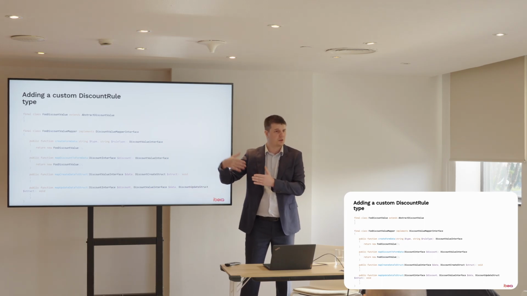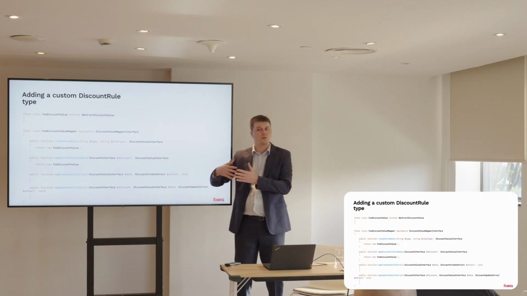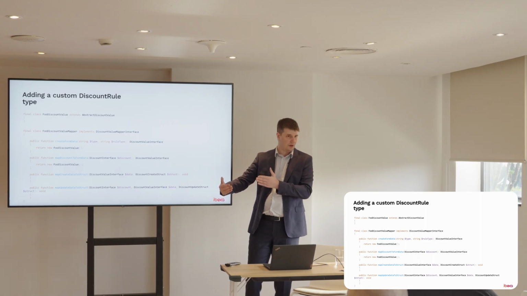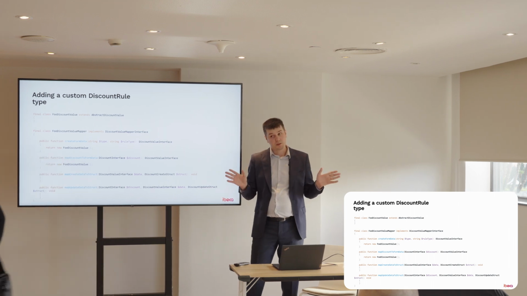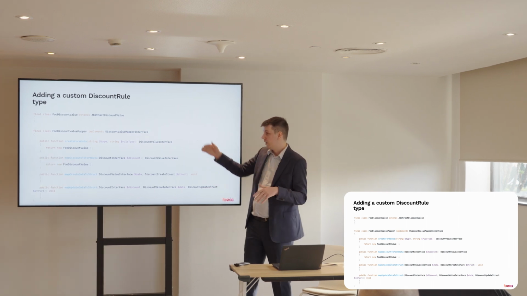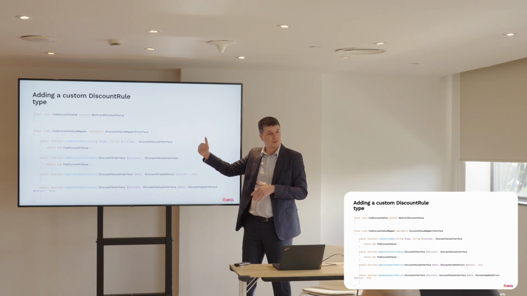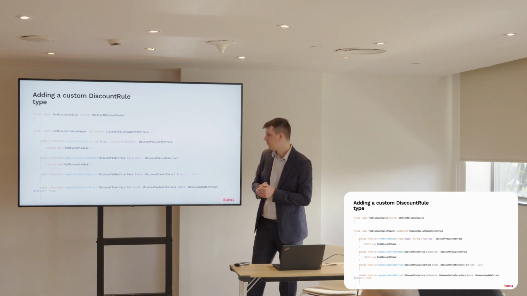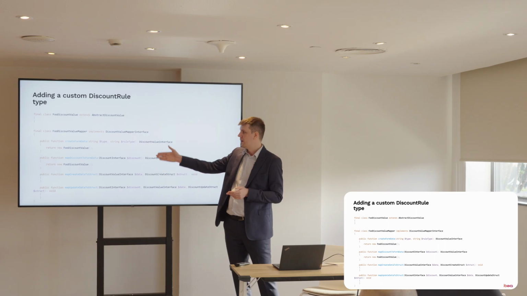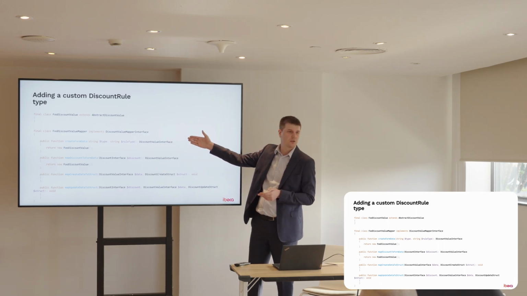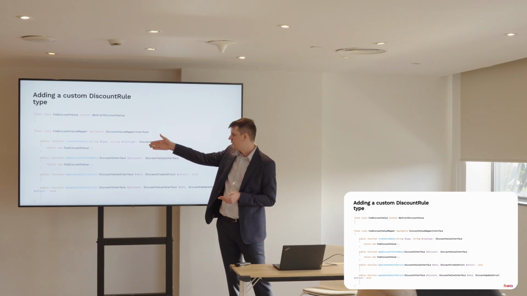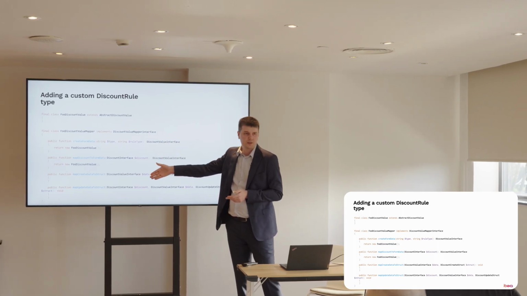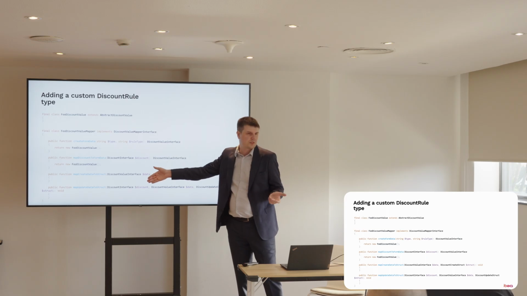If you have a percentage, you want to have how many percents you want to deduct. If you have, for example, buy x get y, you would have to have more fields to fill. And the form mapper, since I'm dealing with just an object, is a really simple thing. We're creating data, and since we don't have any data to map, we're just not mapping anything.